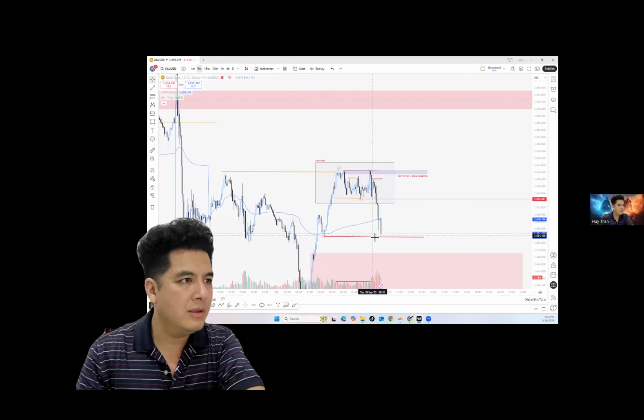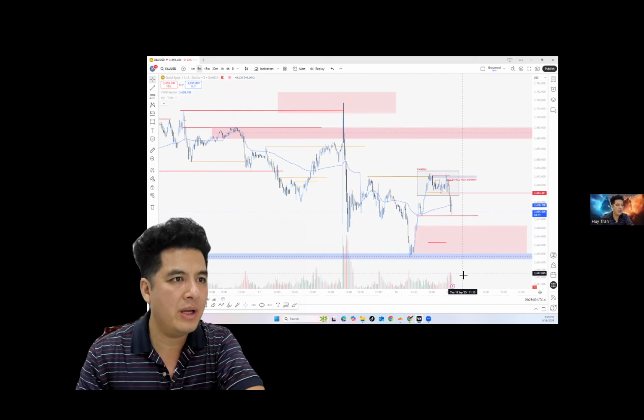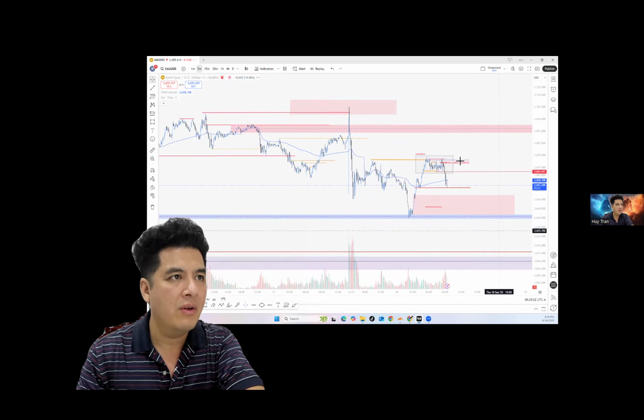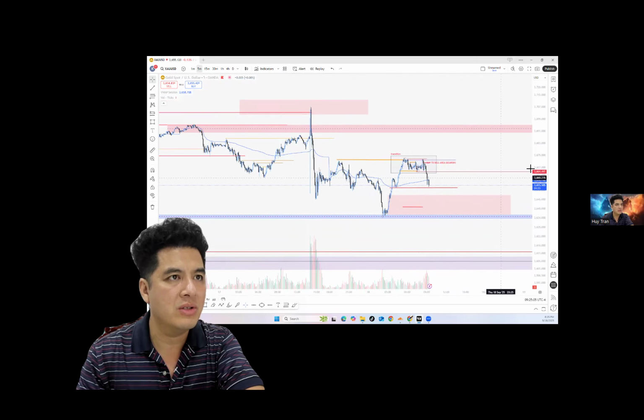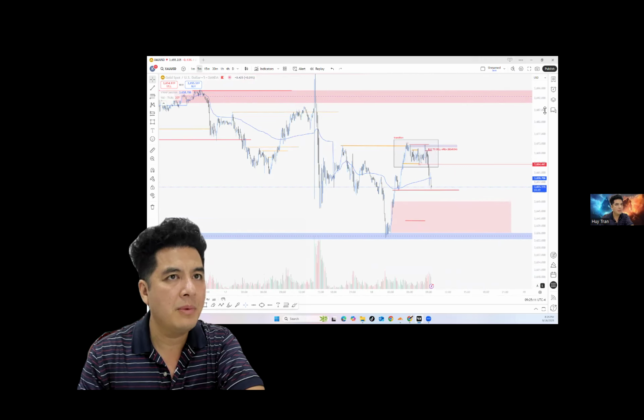So again, liquidity point, this can be our target, and that could be our target. So price could move all the way down here, even take that out, because of this transition right here. But it's okay.